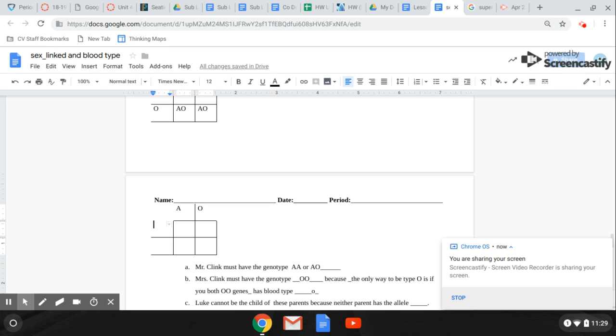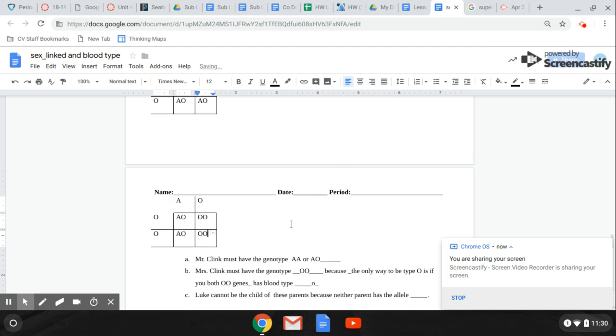That is another possibility, because there are two possible ways of being type A blood. Then the other parent is OO. So you will see the AO blood type here and here, and then you have the OO blood type.